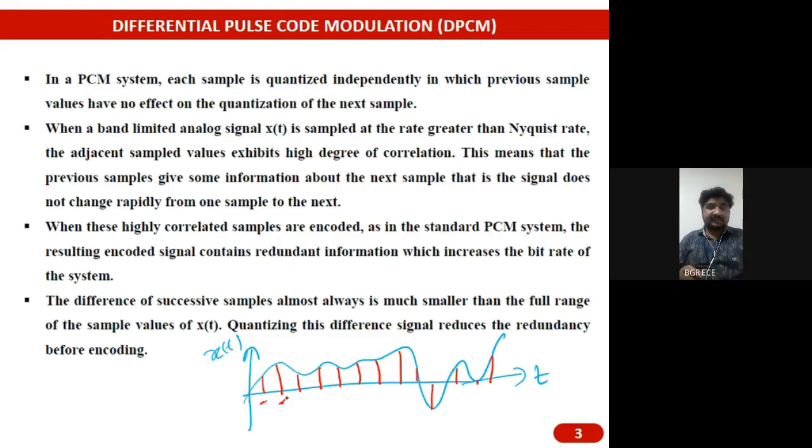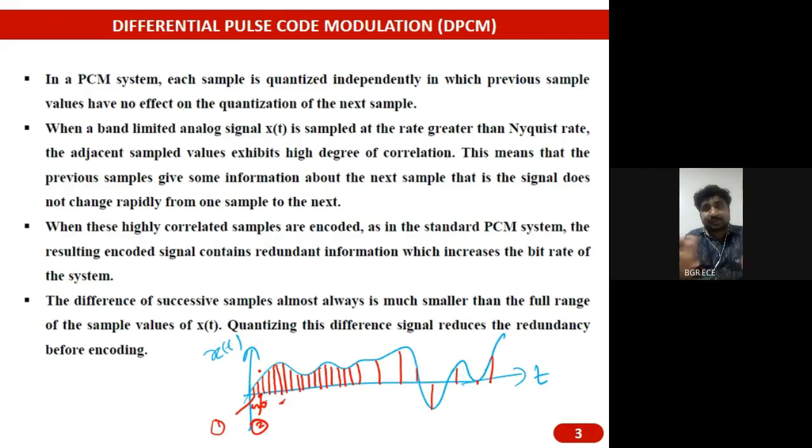But if we sample the signal at a rate much greater than the Nyquist rate, the samples will be very closely located, so the correlation between the adjacent samples, suppose we take this as sample number 1 and this as sample number 2, then samples 1 and 2 are correlated to each other.